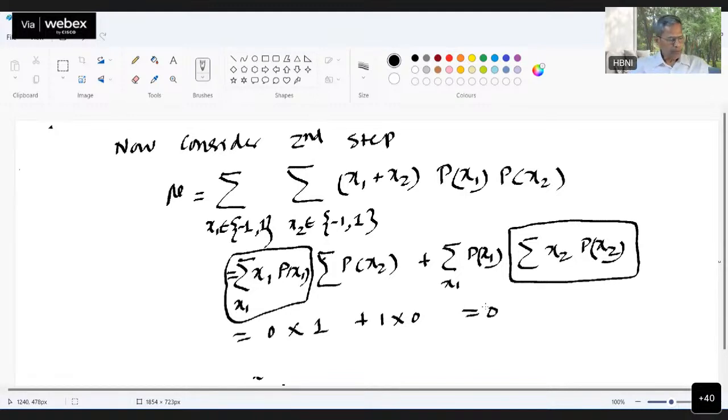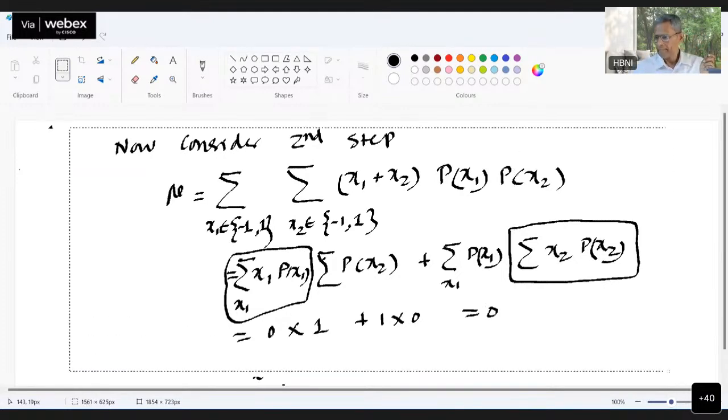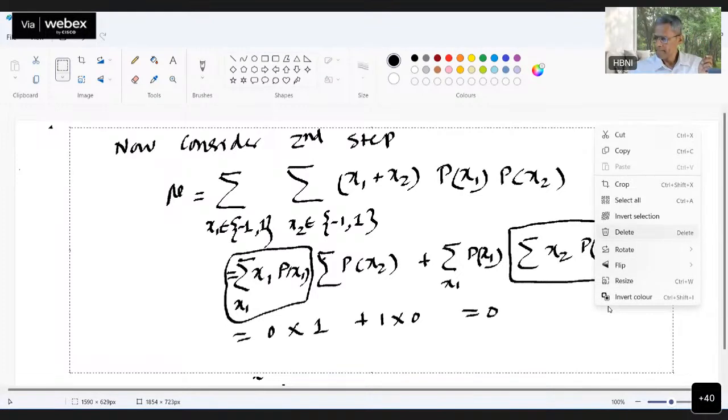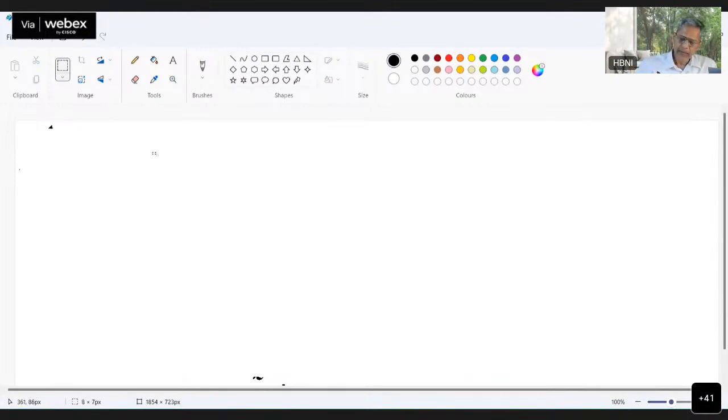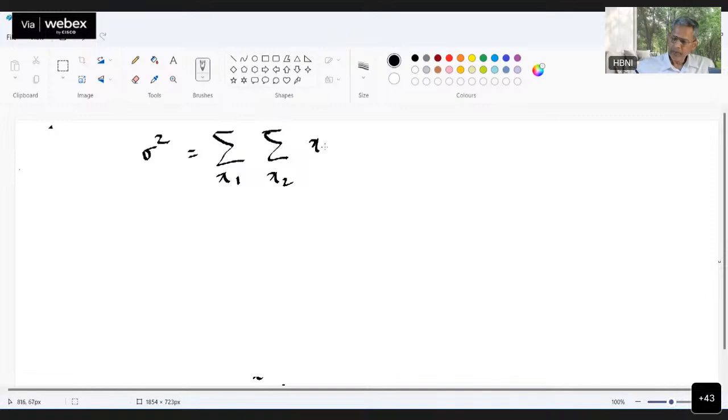But what about variance? That is of interest. Now you define how the variance is changing. Sigma square is equal to the sum of x1 plus x2, because mean is 0, so you can just square it, times px1, px2.